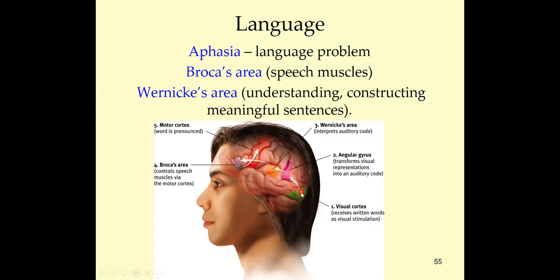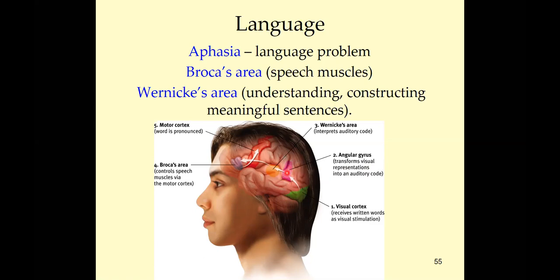Well, if you're seeing words on the page, that's your visual representation, right? So angular gyrus is going to take that visual word on the page, turn it into the sounds of language. Hey, have you ever noticed that when you're reading something, you have that voice in your head that's saying the words? Yeah, that's what this angular gyrus is responsible for.